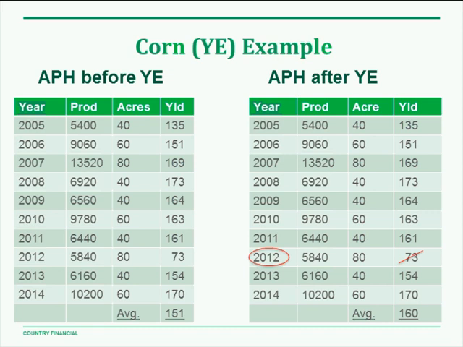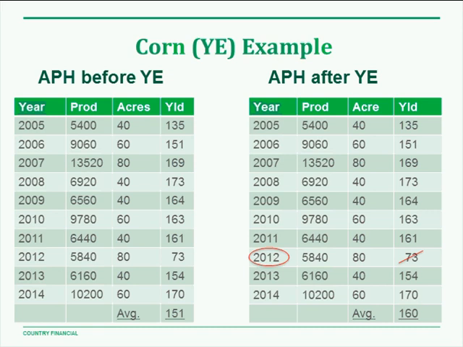So on the left here, we have the APH before the yield exclusion. So we have the 10-year average here, and that's 151 bushels. This happens to be a county where 2012 is eligible for exclusion, and that means you leave it out of your average.